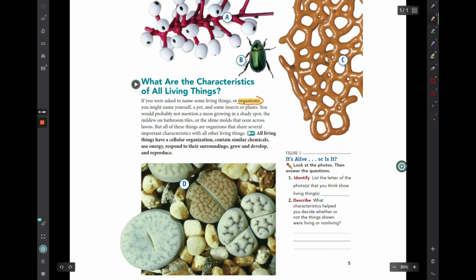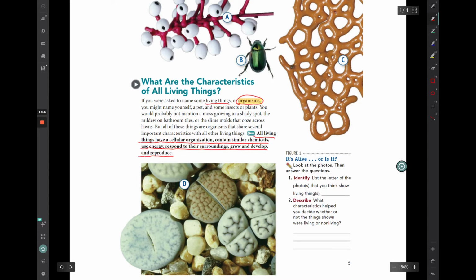Organisms is just the term for living things. And all living things have several things in common, and this is the key statement in this paragraph. And that is that all living things have a cellular organization, contain similar chemicals, use energy, respond to their surroundings, grow and develop, and reproduce.